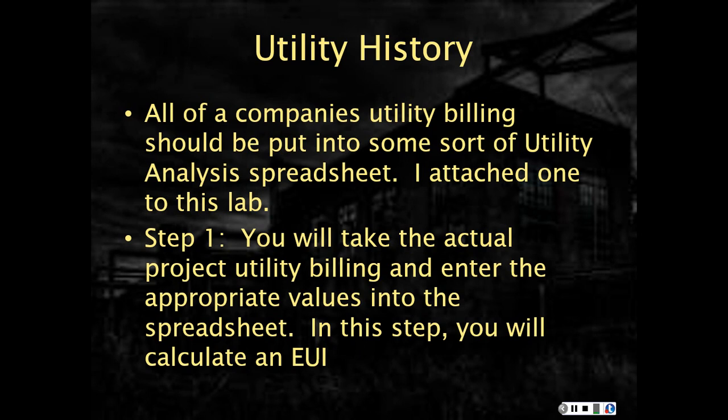And again, when you're putting this billing information into the utility spreadsheet, make sure that you've already lined up the appropriate 12 months that you're going to use as a baseline. So make sure you wade through all the bills beforehand and cherry pick the bills that line up before you start plugging stuff into the spreadsheet.